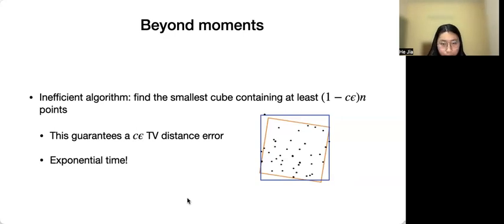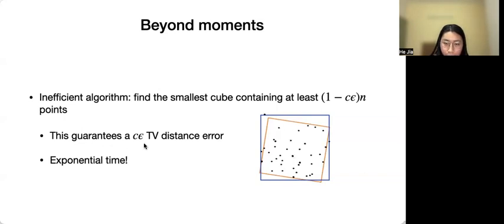Let's see this inefficient algorithm. Suppose we can find the smallest cube containing at least 1 minus C epsilon of the points. Those black points are our samples, and the blue one is the true cube. And we find this orange cube. This is the smallest cube, the cube that has the smallest volume, and it contains at least 1 minus C epsilon of the points, so it contains most of the points.